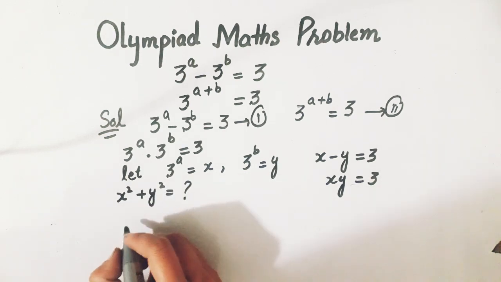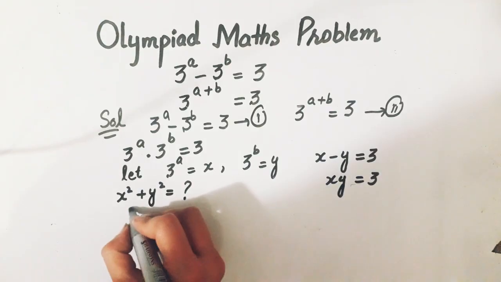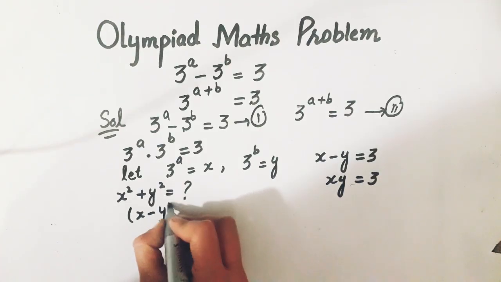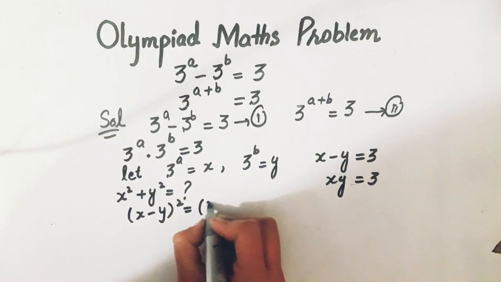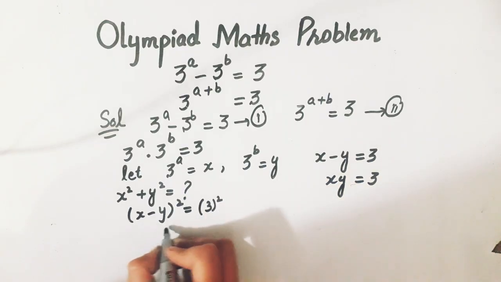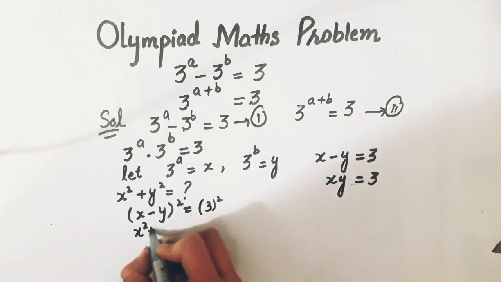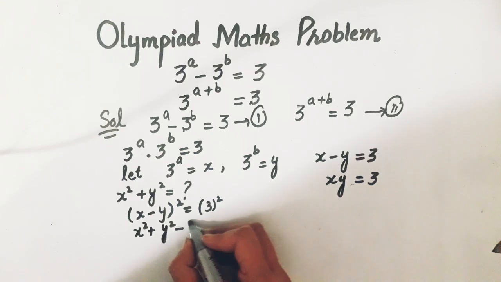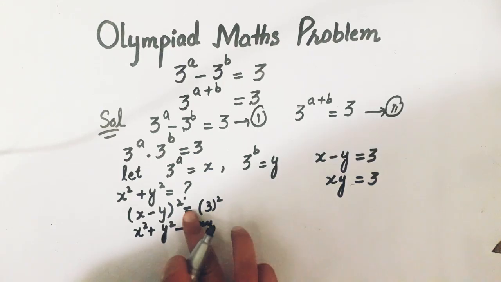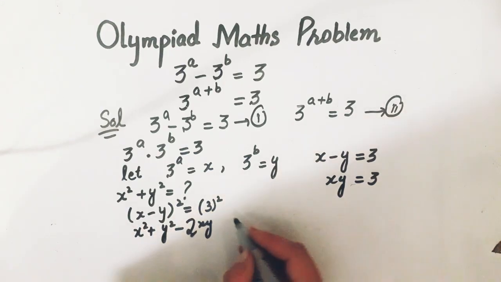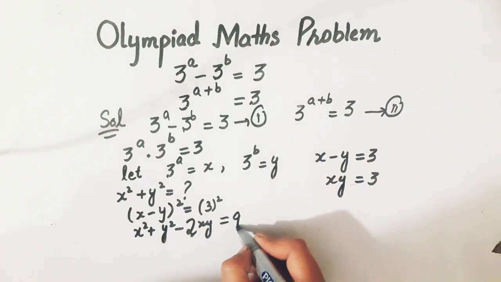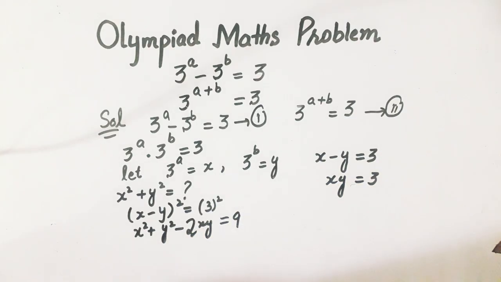So how will we find this value? We will take the square of x minus y, whole square, and 3 square. (x minus y) whole square means x square plus y square minus 2xy, and that equals 9. Now substitute the value of xy inside this equation.